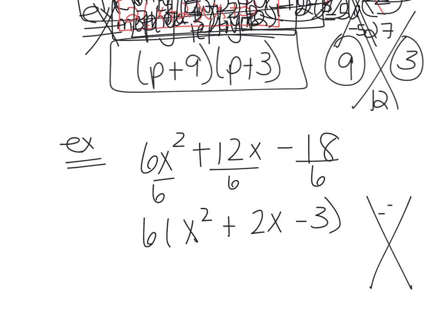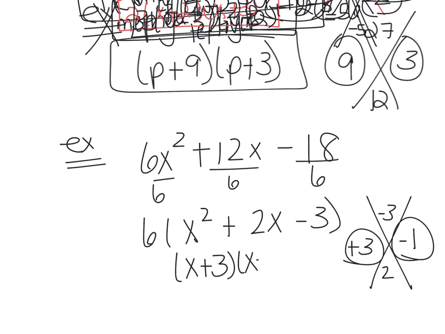Now I'm going to do the X method with the leftovers. Factors of negative 3, so negative 3 and 1. That makes positive 2. How about 3 and negative 1? Perfect. Don't forget to bring down the GCF, and I'm done.